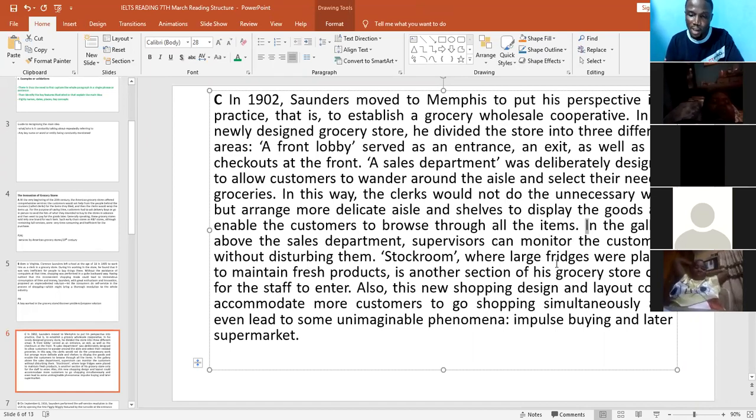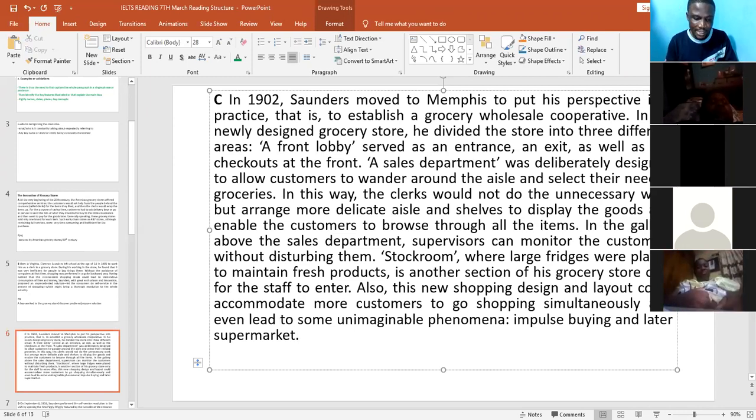Stockroom, where fridges were placed to maintain fresh products, is another section of his grocery store only for staff to enter. Also, the new shopping design and layout could accommodate more customers shopping simultaneously and lead to some unimaginable phenomenon, impulse buying, and later the supermarket.